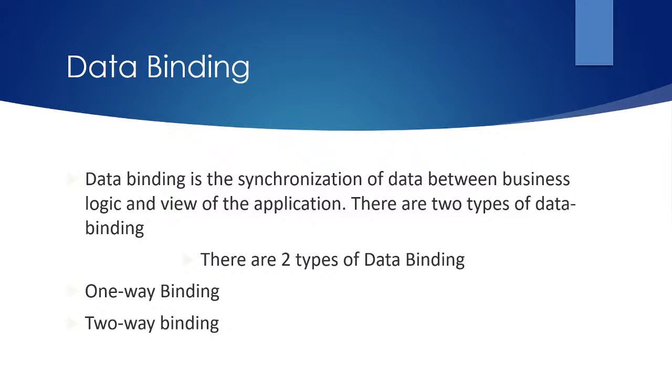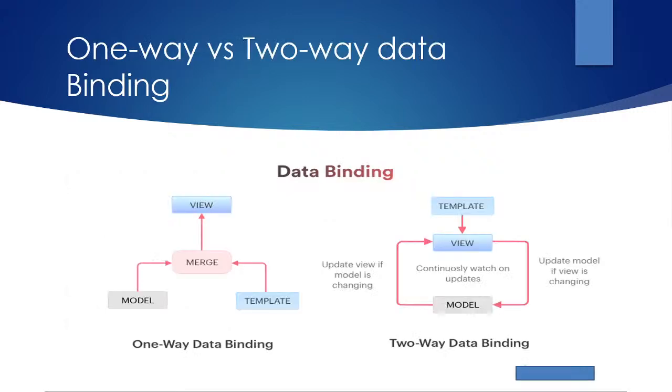Next, data binding. It is the synchronization of data between two files, the logic and the view of the application. The logic is the JavaScript, or the controller, that's the model, and the view is our HTML file. There are two types of data binding: one-way data binding and two-way data binding. You can see here in the diagram.